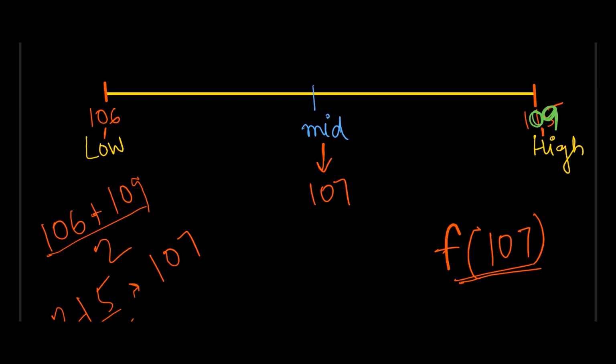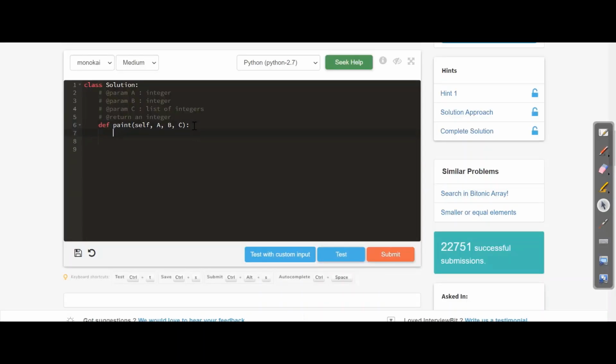Now let's go to its implementation. We'll be solving this with the help of Python. So here I'll be going to the question, and here we'll take first the start value, which is max of our array, which is C, and end value will be taking sum of C. Here, as we are applying binary search, we'll be going for start should be smaller than or equal to end, and here we'll be taking mid first.